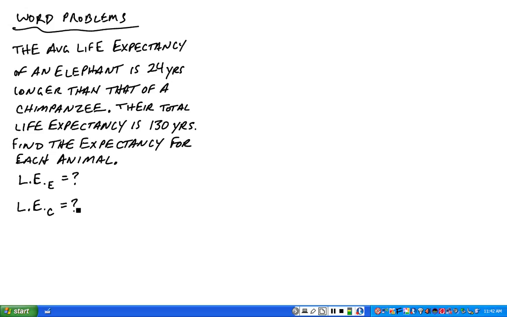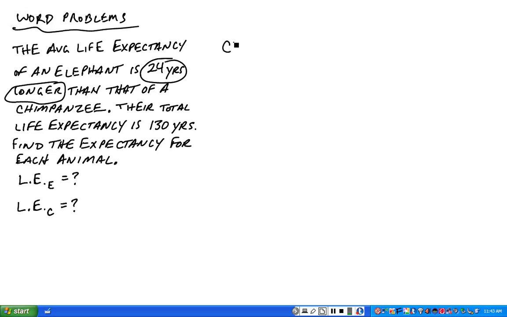Now, what do we know? Well, we know that the elephant lives 24 years longer than the chimp. Okay, right here it says 24 years longer than the chimp. Okay, so we know the elephant lives 24 years longer than the chimp, but do we know how long the chimp lives? It doesn't say anything about how long the chimp lives.